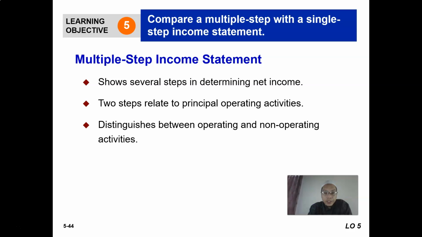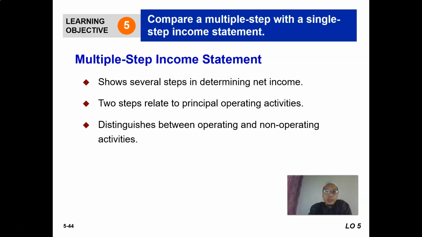We'll continue our discussion on merchandising operations. After we have recorded all of the transactions and made the adjustments, what we need to do is to prepare the income statement. For merchandising operations, there's some uniqueness in terms of the income statement.